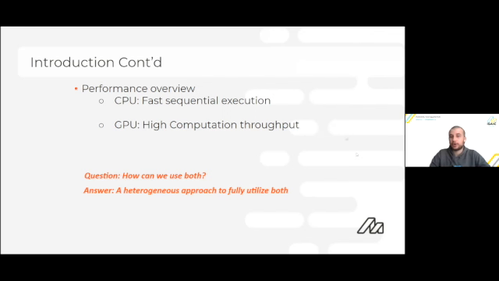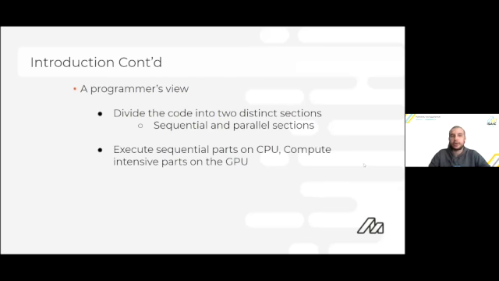CUDA programming architecture is essentially a way to utilize this heterogeneous approach and utilize both the CPU and the GPU to meet the program execution of a fast parallel execution and also fast sequential execution in programs that are in need of such execution.